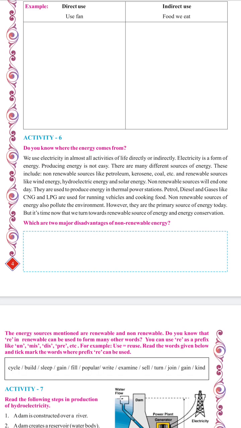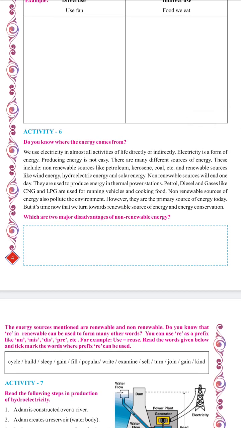Now they are used to produce energy in thermal power stations. Petrol, diesel and gases like CNG and LPG are used for running vehicles and cooking food. So dear students, these types of non-renewable resources like petroleum, coal, etc., are used for producing energy, that too in the thermal power stations.